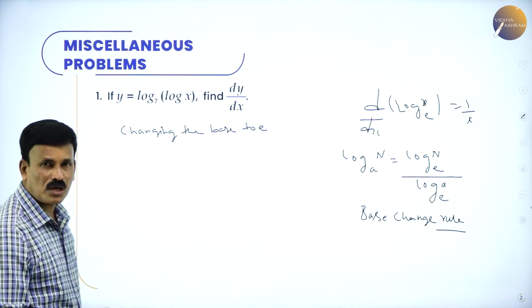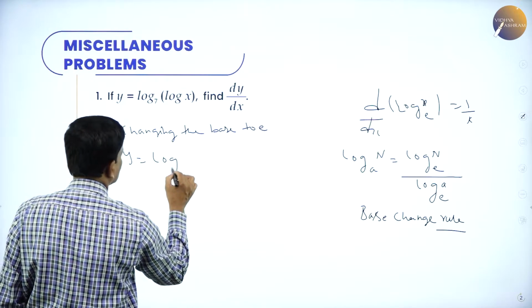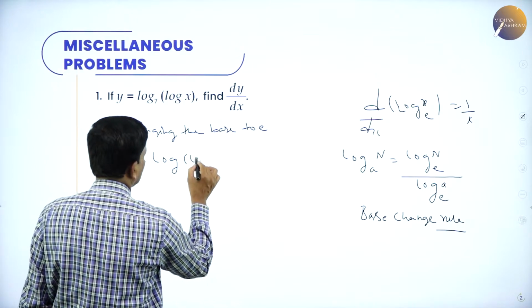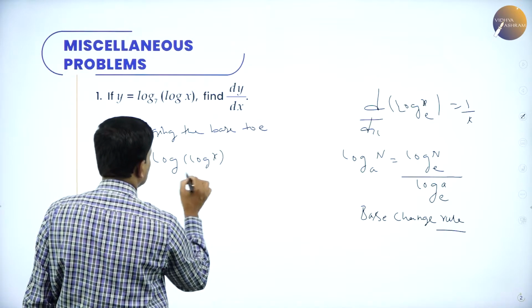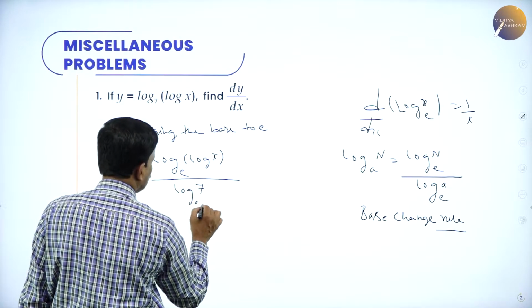Same step I am going to apply here. Changing the base to e, I can write y is equal to log of log x to base e divided by log 7 to base e.